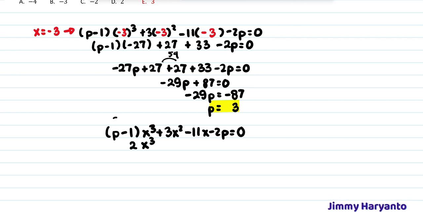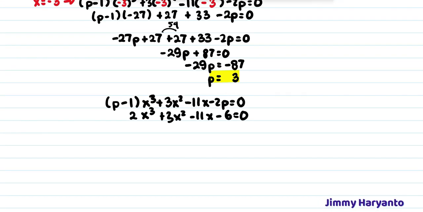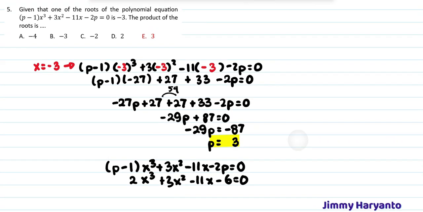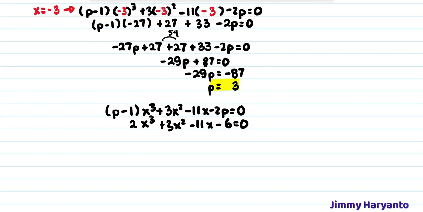Since we already have the p, we can insert it into the polynomial, so that you'll have 2x to the power of 3. The 2 comes from 3 minus 1, yeah, and then plus 3x squared minus 11x minus 6 equals 0. The 6 comes from 2 times 3. And then after that, you have to find the product of the roots. Product of the roots means x1 times x2 times x3.